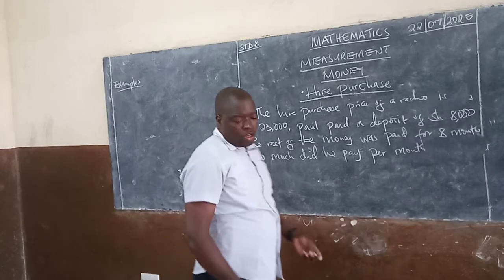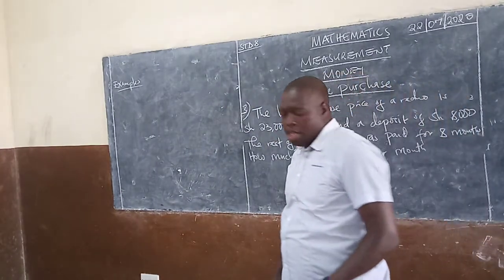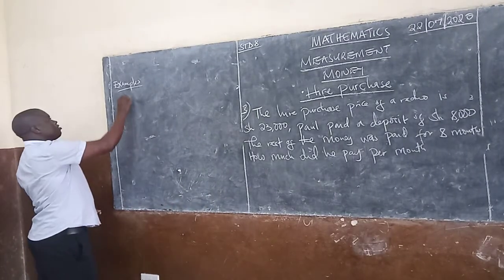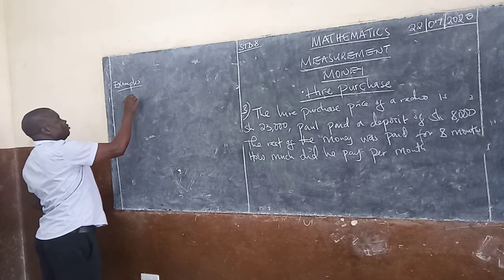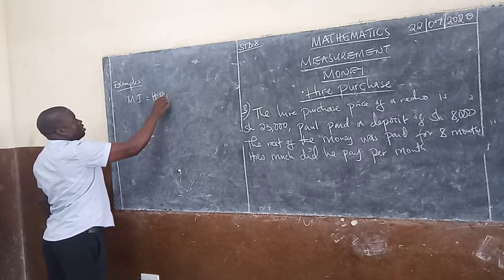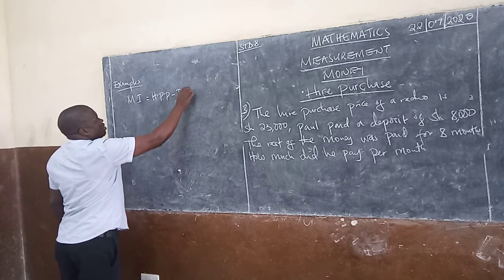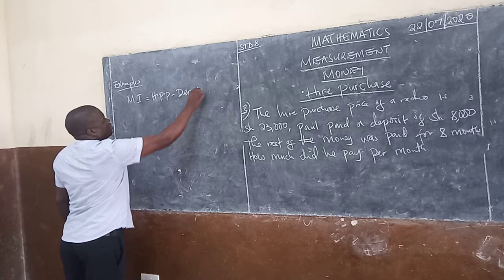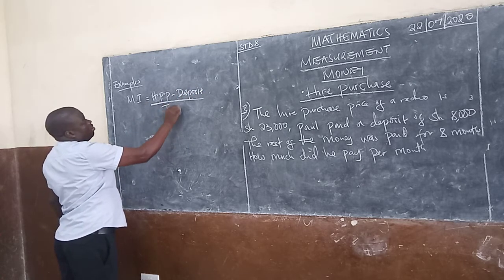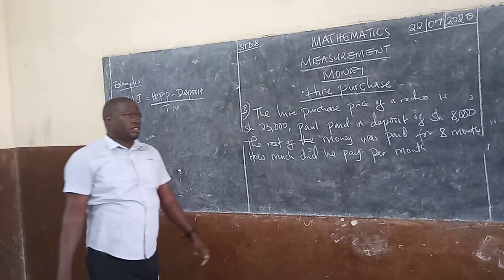Now, for us now to find monthly installment, it is the HPP minus the deposit divided by the number of months.